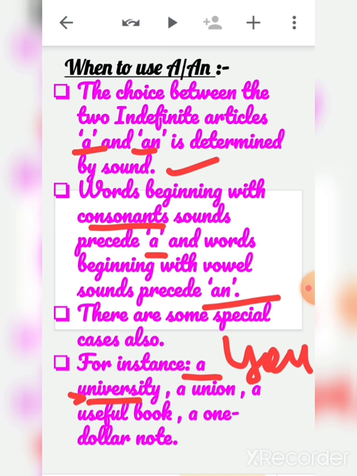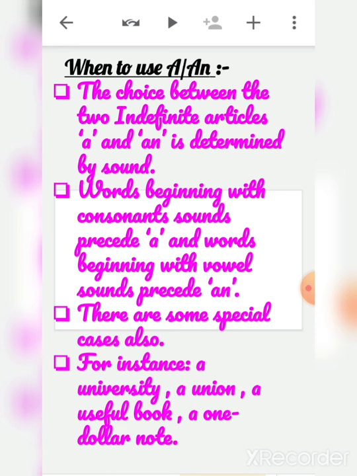So here's the difference. A university, a union, a useful book, a $1 note. In all these words we are not getting a vowel sound, so we have written a before these words.